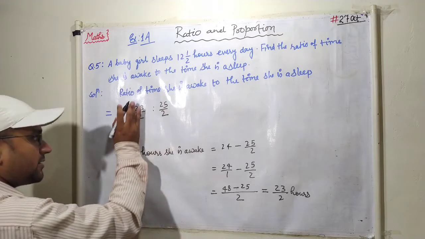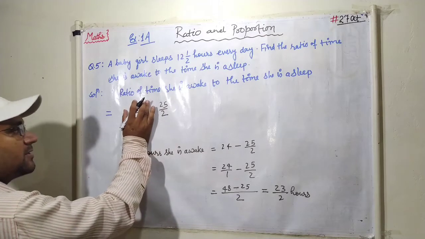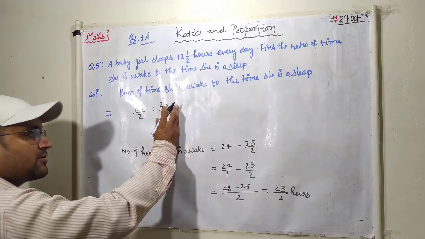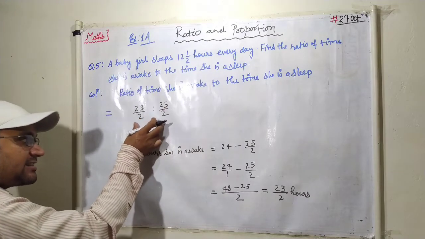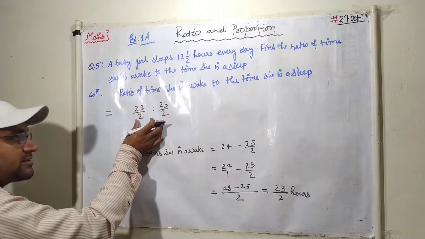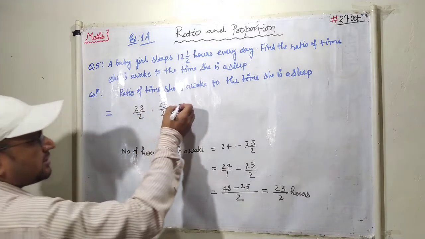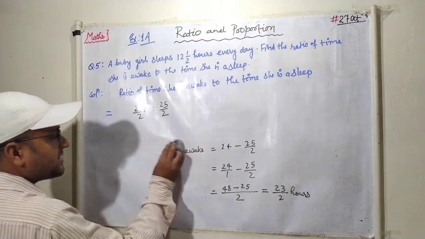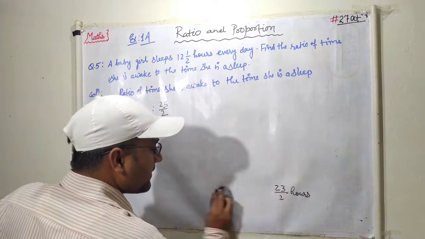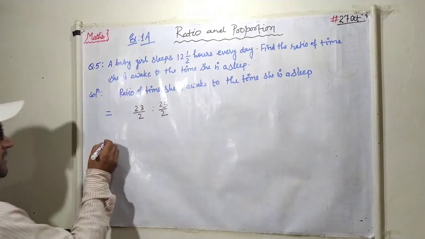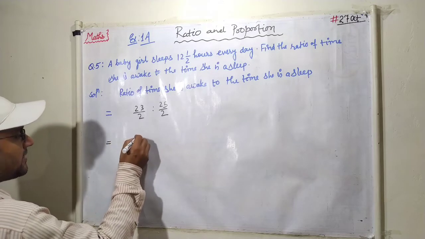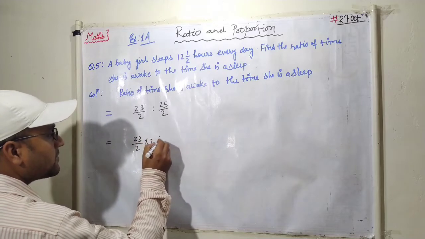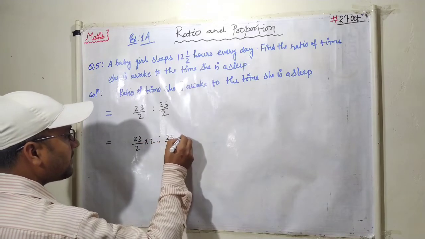And you should know that if the antecedent is a fraction and the consequent is also a fraction, then you multiply both by the LCM of the denominators. So in this case, if you multiply by 2 by 2, you simply change it into simple numbers. Okay, so 23 upon 2 is multiplied by 2, and 25 by 2 is also multiplied by 2.